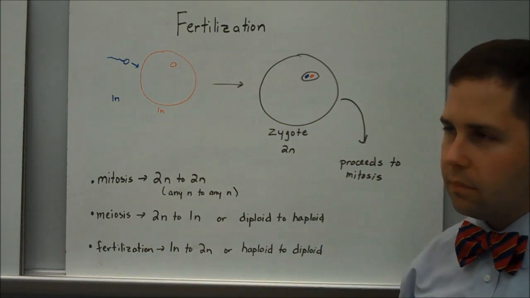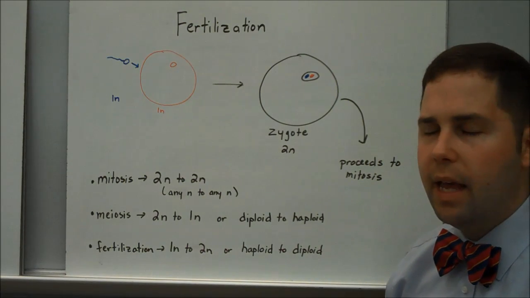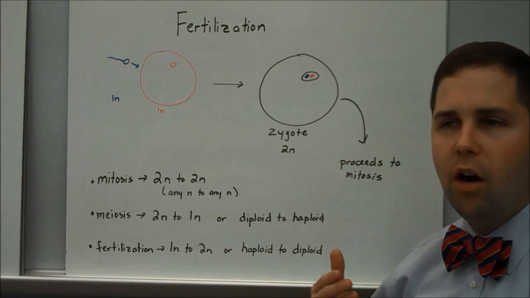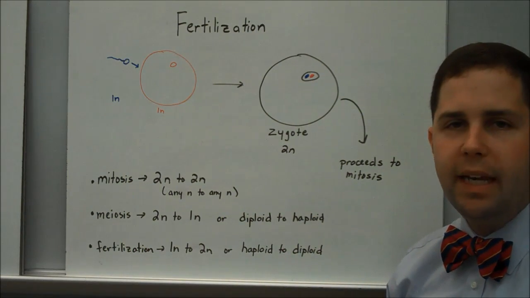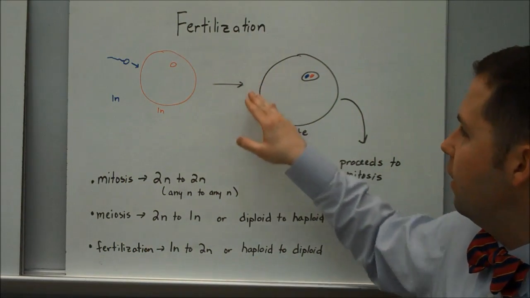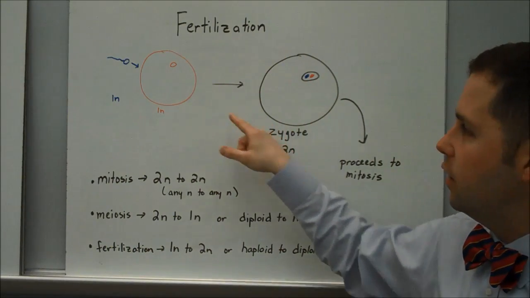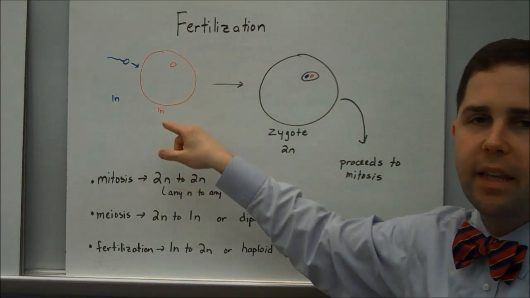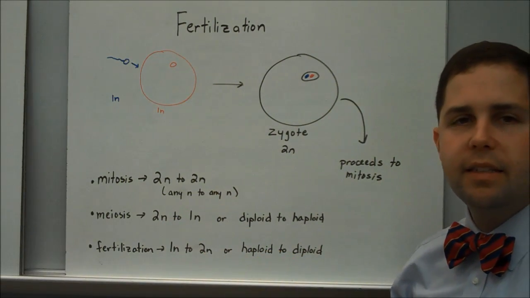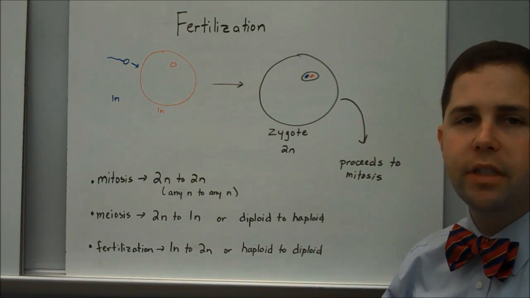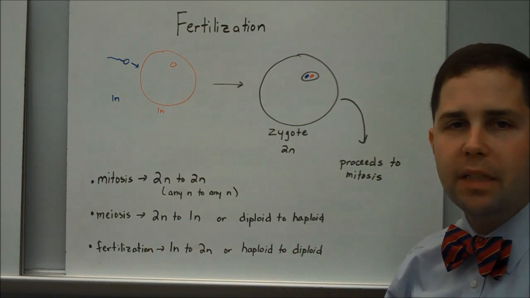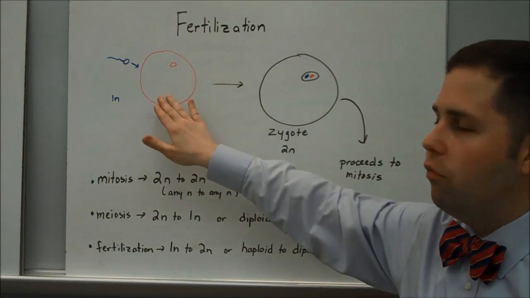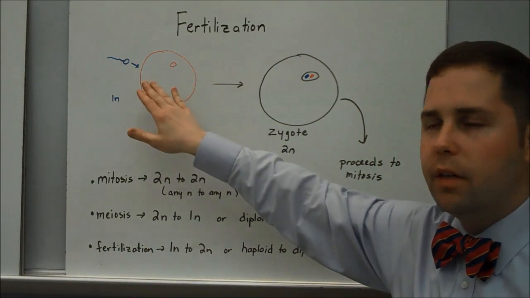Now, I mentioned those polar bodies, and I mentioned that the ovum needs to stay as large as it possibly can. That's because the zygote, the cell that makes up the zygote, is primarily composed of the material that's within the ovum. So all of the things that a cell needs to survive, the mitochondria, the Golgi, the endoplasmic reticulum, the ribosomes, in fact even some mRNAs, remain in the ovum.